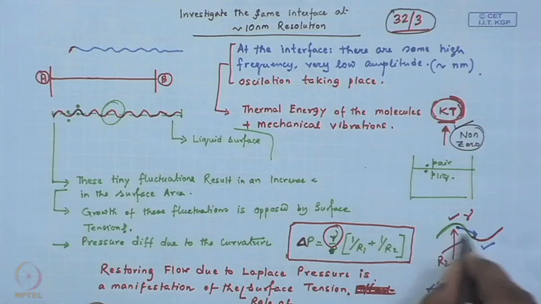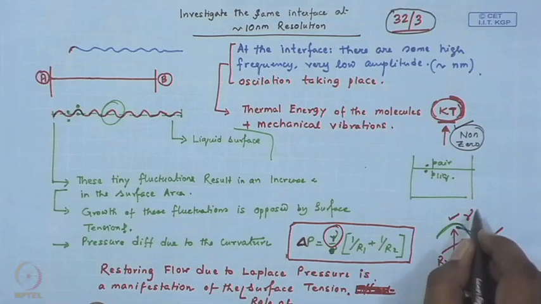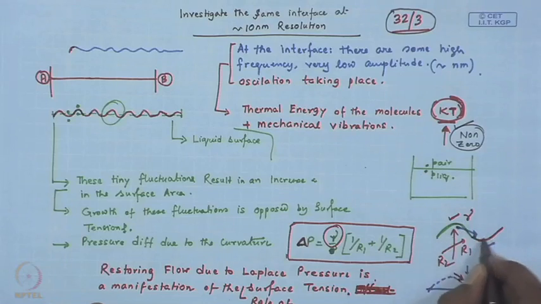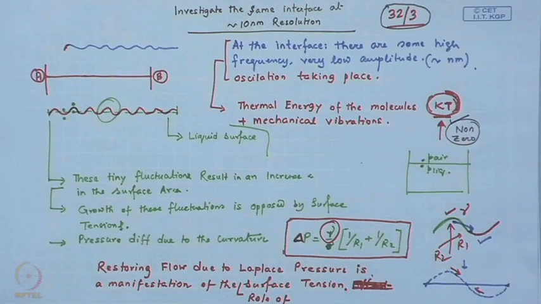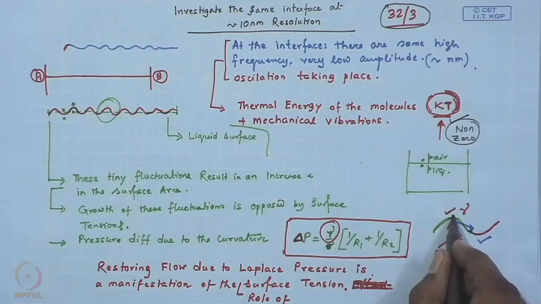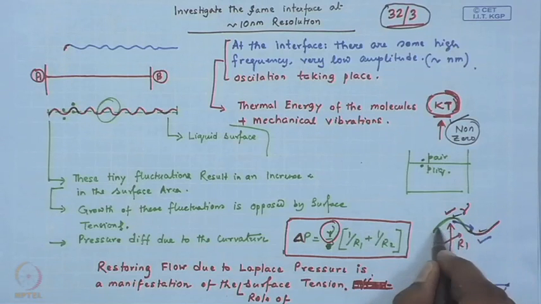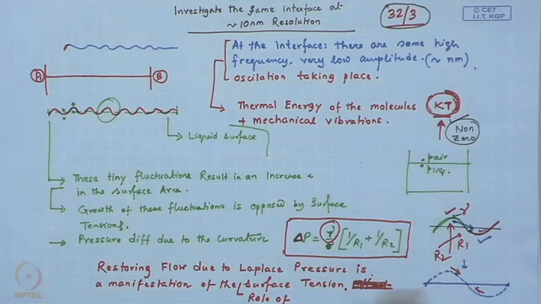So, a fluctuation like this will result in an in-plane gradient in the Laplace pressure. Depending on the curvature, there will be locations where the Laplace pressure is high and locations where Laplace pressure is low. The liquid then flows from the zones where you have high Laplace pressure to zones where you have low Laplace pressure and eventually tries to flatten out.